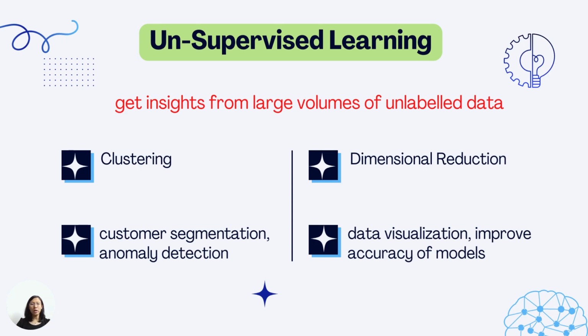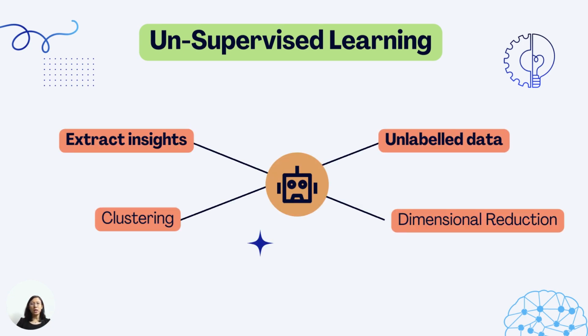So in summary, the goal of the unsupervised learning method is to extract insight from the unlabeled data. Right? Unsupervised learning methods can be classified into clustering methods and dimensional reduction methods. Clustering methods use some similarity and difference measure to cluster the given data set into different clusters, or like normal and abnormal clusters for abnormality detection, right?